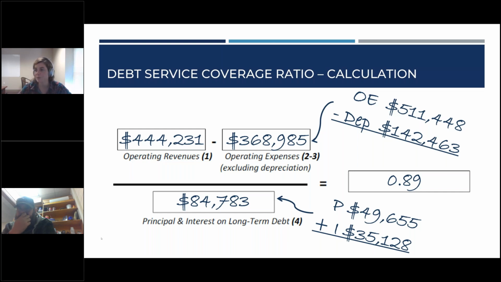This would be something, if we were helping them with their rates, that we would also want to address. We would want to make sure that they were bringing in enough revenue whenever we were working on setting the rates for next year, perhaps, to cover these principal and interest payments, to make sure that they have enough money set aside. They don't have to pull from a reserve fund. They don't have to pull from their fund balance, anything like that, to meet these principal and interest payments.